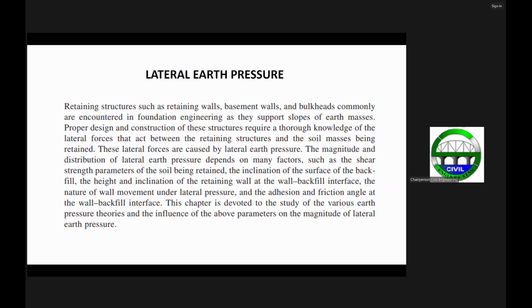And then we also have the height and the inclination of the retaining wall at the wall-backfill interface, as well as the nature of the wall movement under lateral pressure, whether it is active or passive movement. When we say active movement, that means the wall is moving away from the soil. When we say passive movement, that means the wall is moving towards the soil.